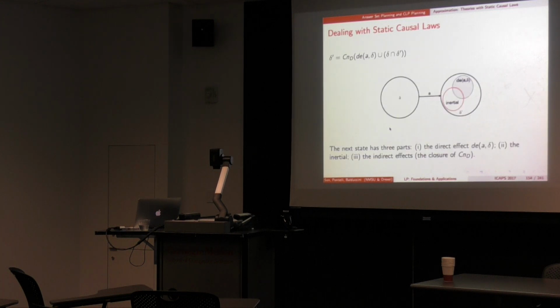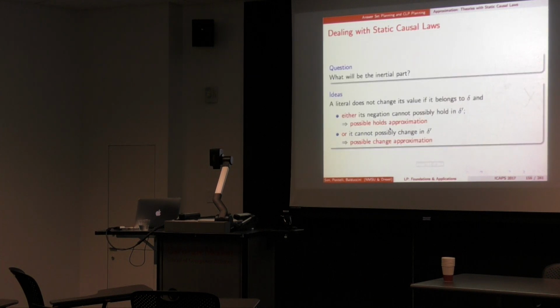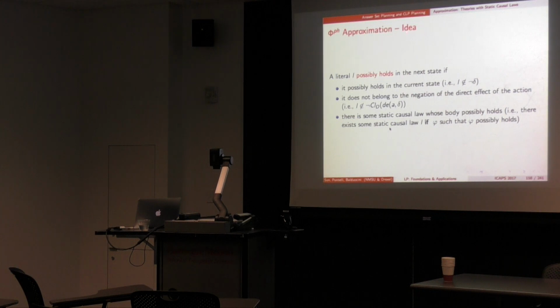So we can extend the approximation semantic to deal with static causal laws by including the direct effects and then trying to find the maximum part of the theory that could be calculated using these static causal laws. And with that, we can have two different approximations.